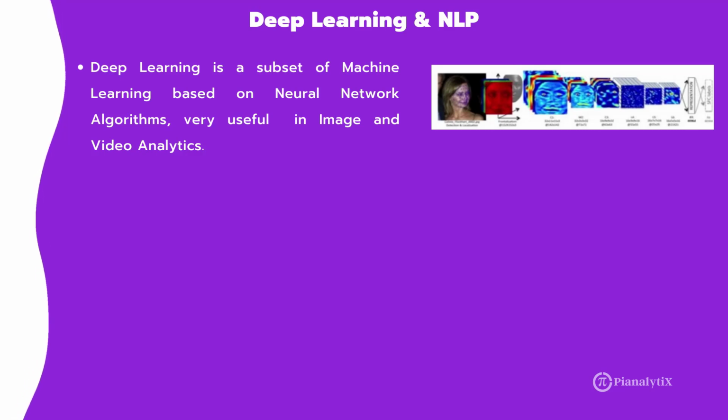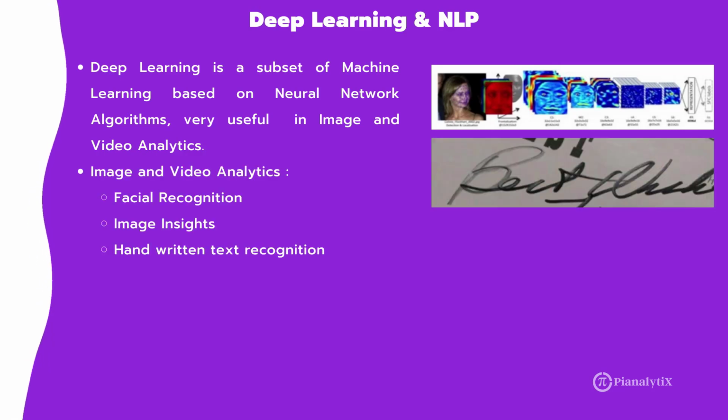So what are the different examples of image and video analytics? Like facial recognition. If you have observed at some airports, they have started recognizing people using cameras, CCTV cameras. That's facial recognition. Image insights: from an image, what are the insights you can get?